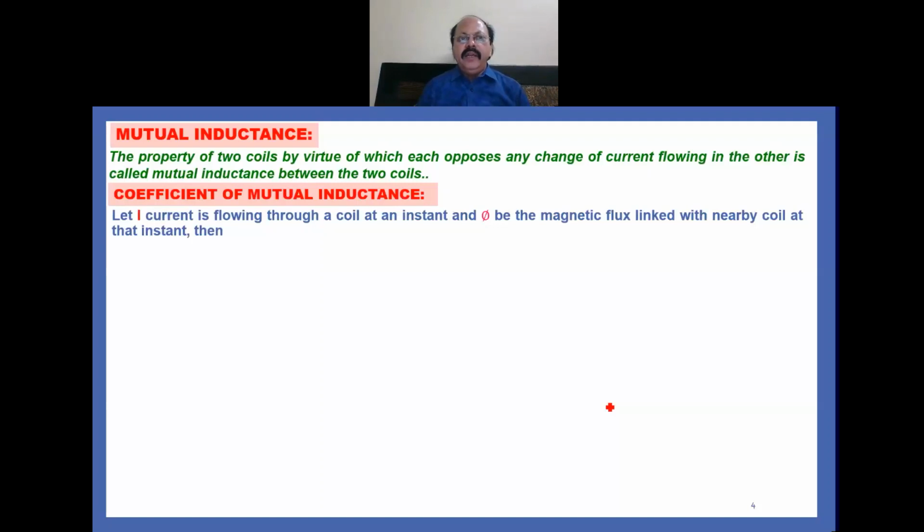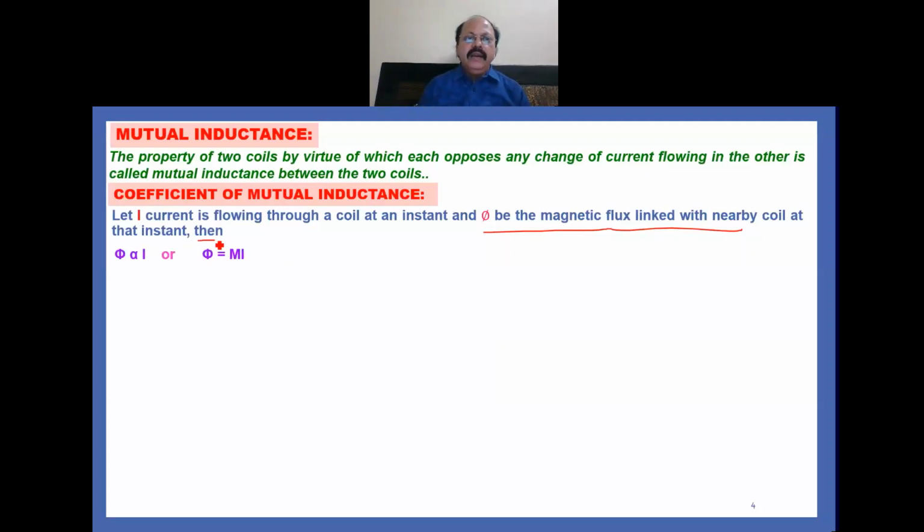Similarly, as you have done in the case of self-inductance, the only difference is that here there are two coils, and in self-inductance only one coil. So we say that let I be the current flowing through one coil at an instant and phi be the magnetic flux linked with the nearby coil at that instant. It means the more current flowing through one coil, the more magnetic flux linked with the nearby coil.